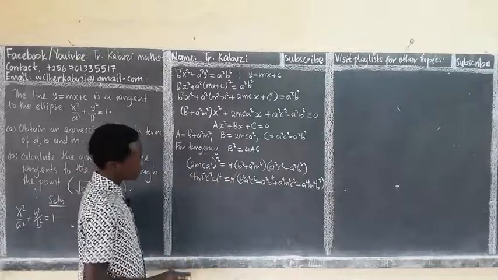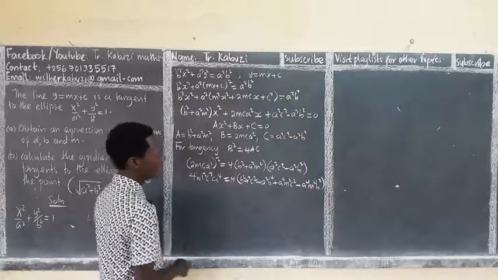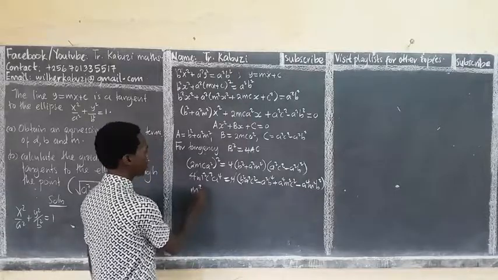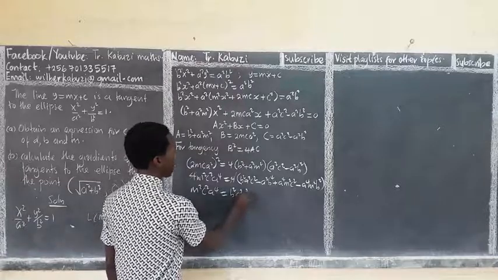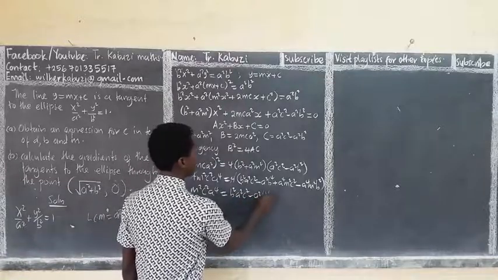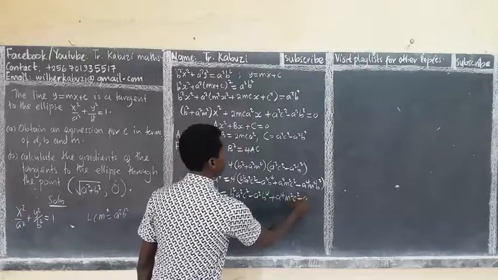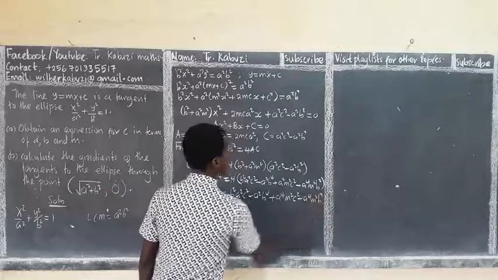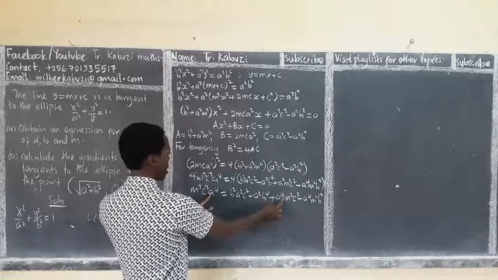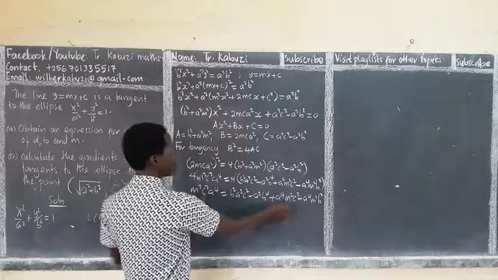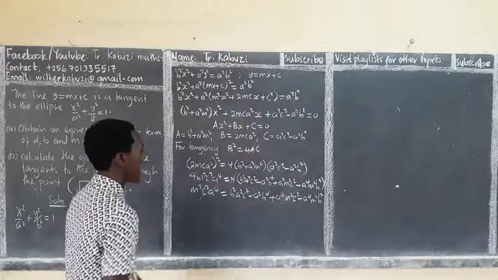You can also see that I have m squared c squared a power 4 on both sides, so the whole of this cancels with this. This side I have 0.